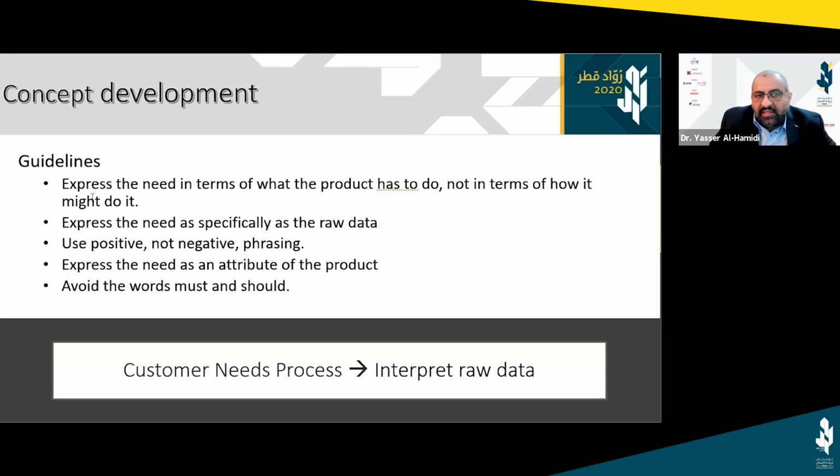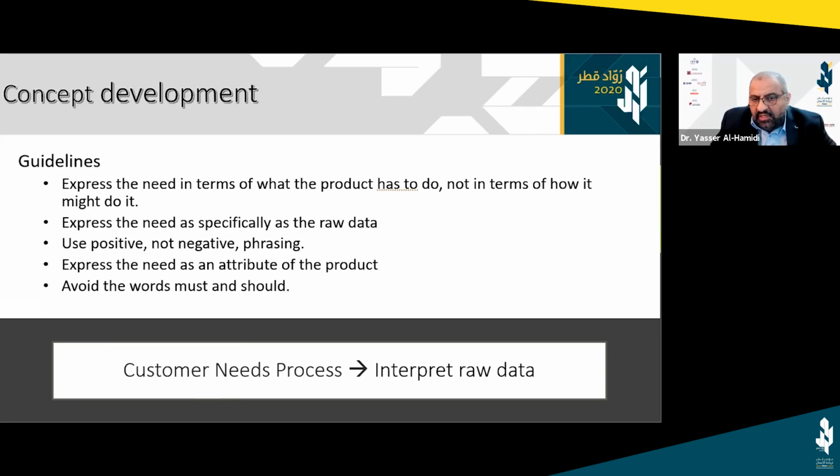And these are some quick guidelines. You need to express them. Again, the need statement will have to show what the product has to do, okay? By the way, the first two guidelines here are fundamental and critical to effective translation from the raw data to the need statements.